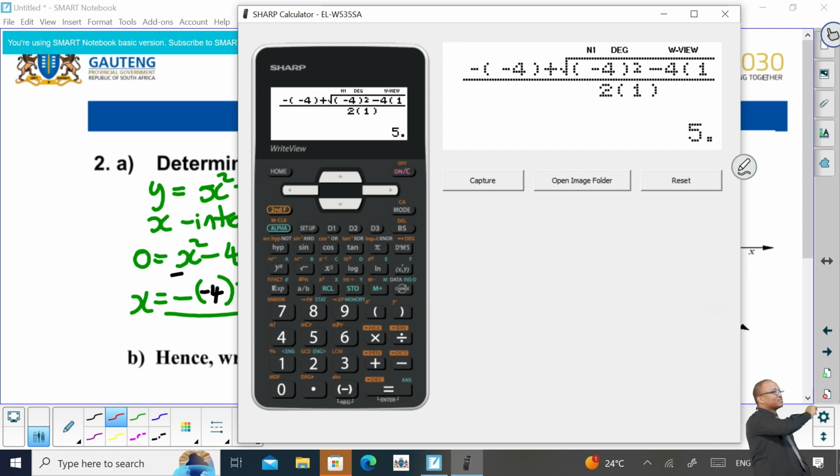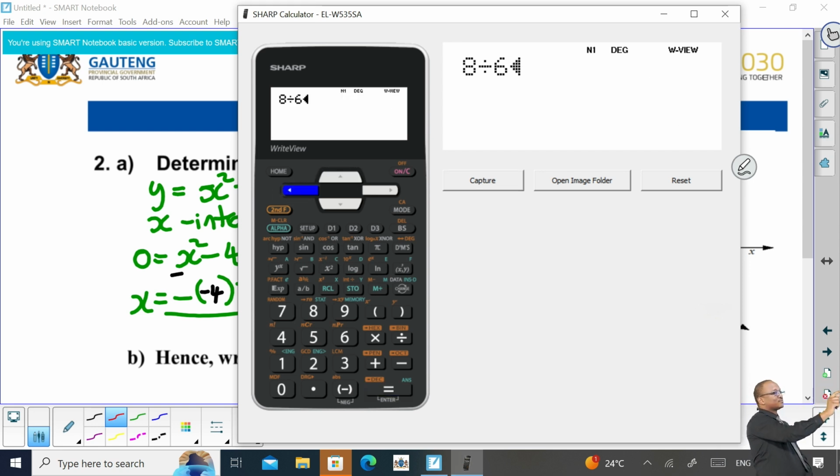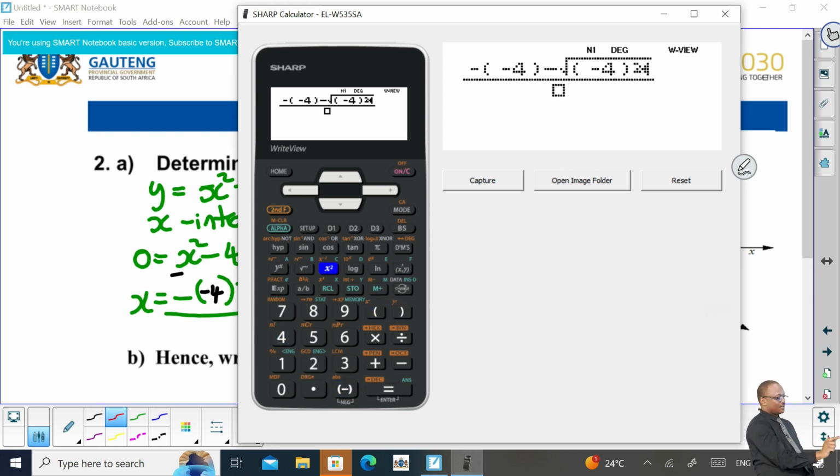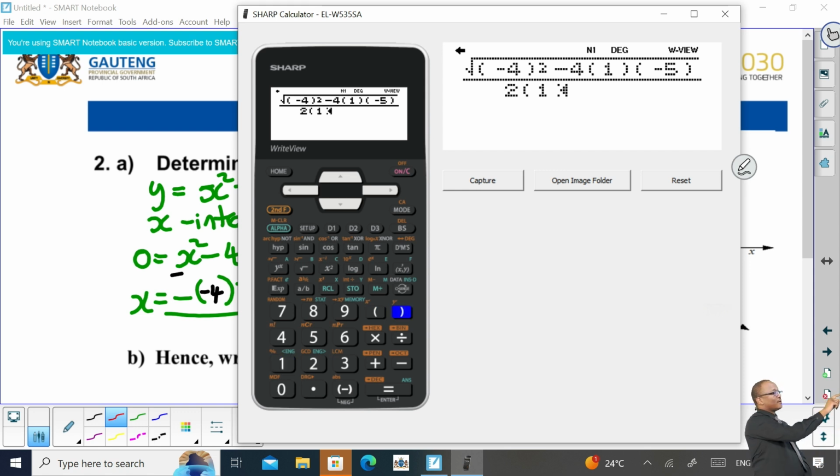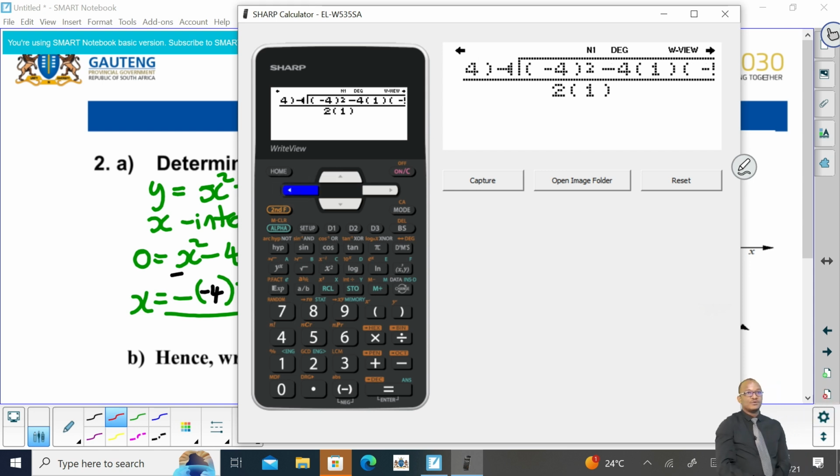Then how do we get the second x value? We go to the calculator function. We have negative into -4, then we put negative, then the square root of -4 squared minus 4 into 1 and -5, all over 2 into 1. Remember, in the first part we had positive in front of the square root.